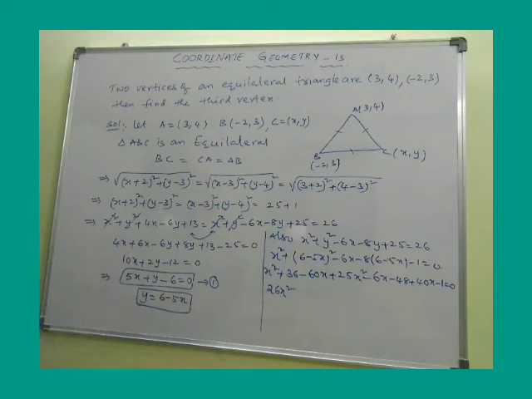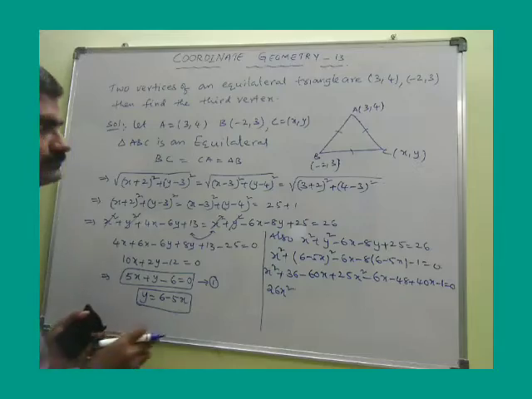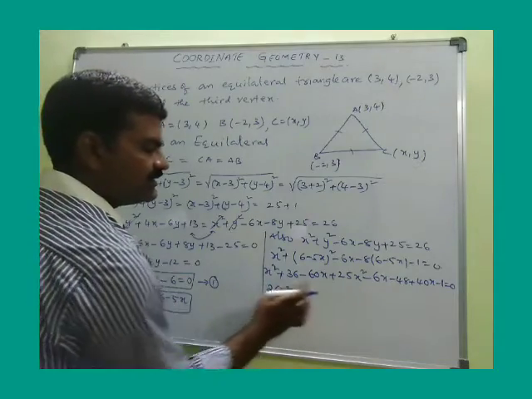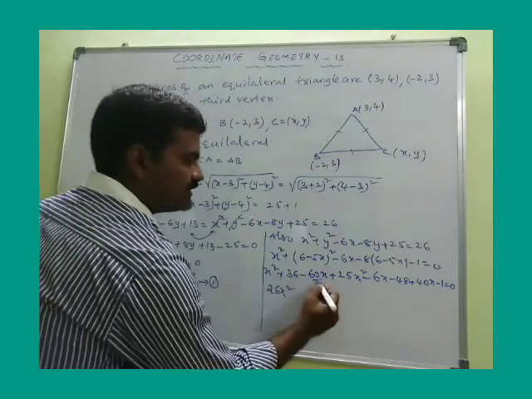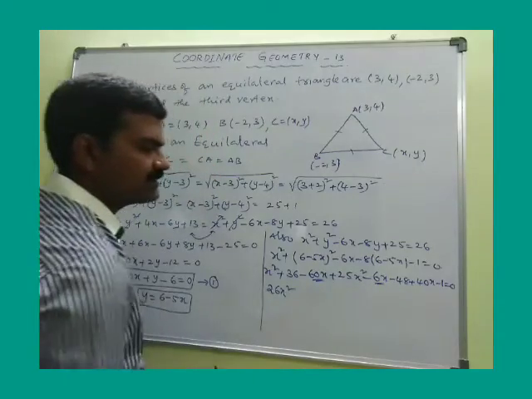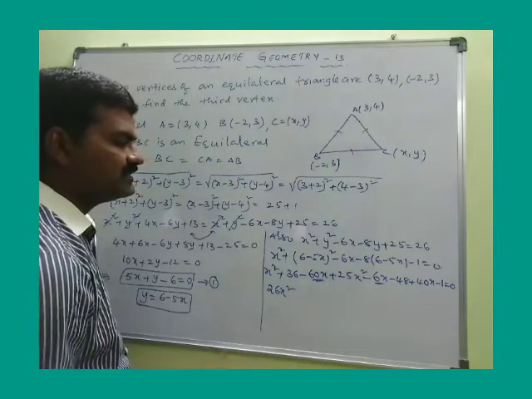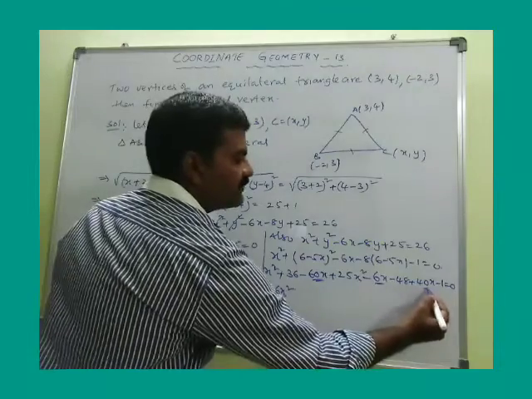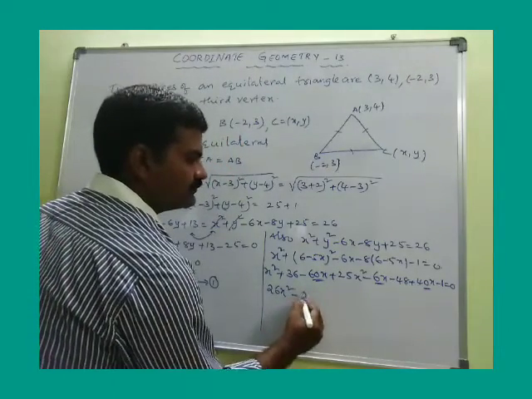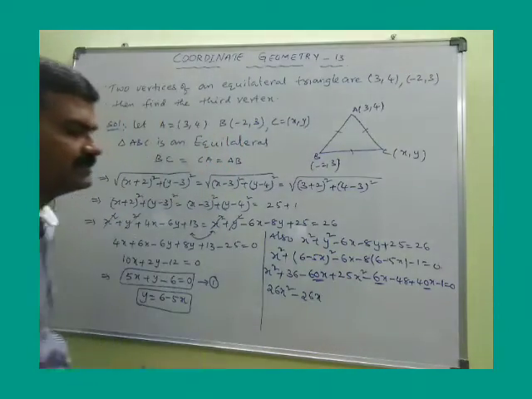So finally what is it? 26x square minus 60x minus 6x minus 8 into... 26x square minus 66x plus 40x, then minus 26x.